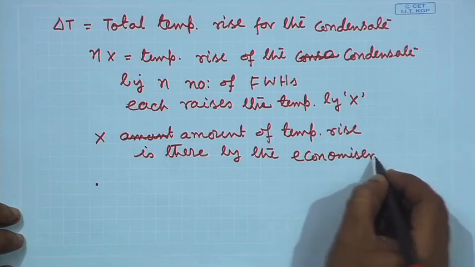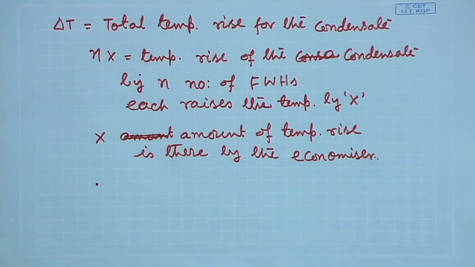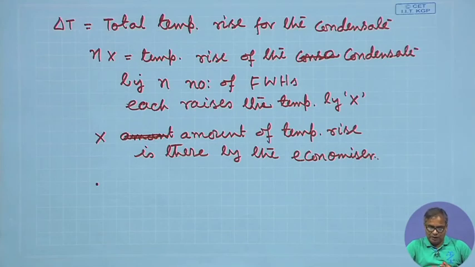So, basically what we have done, by introducing feed water heater, we have reduced the heat requirement from the economizer. Now, we have decided that we will use n number of feed water heater.